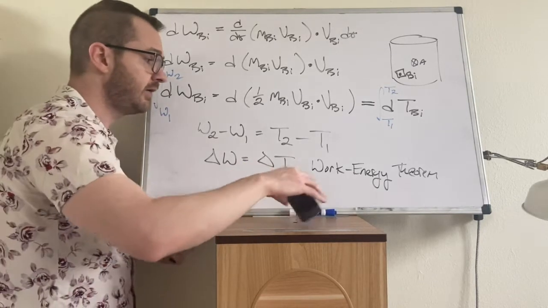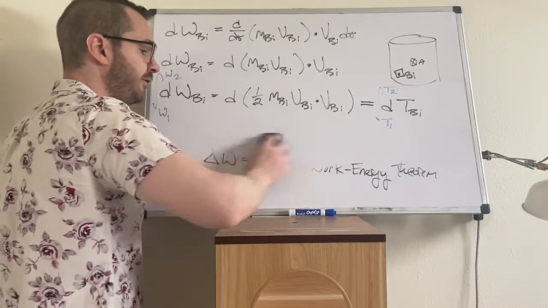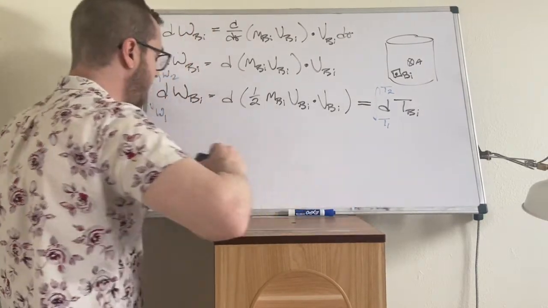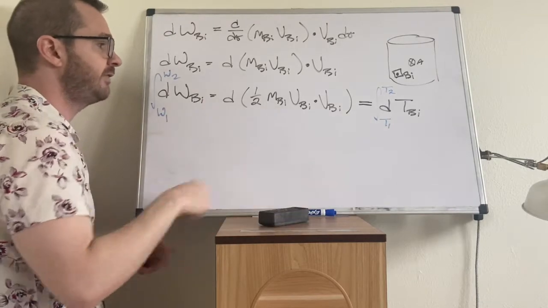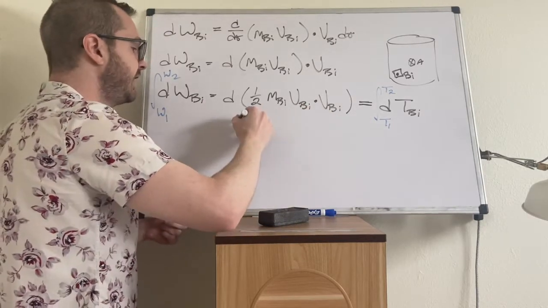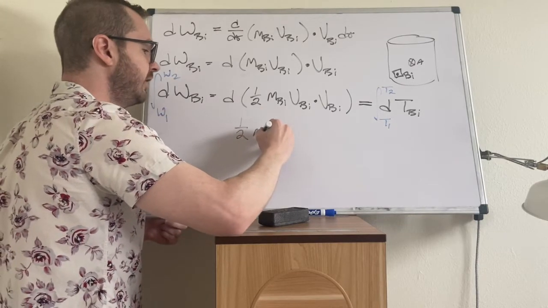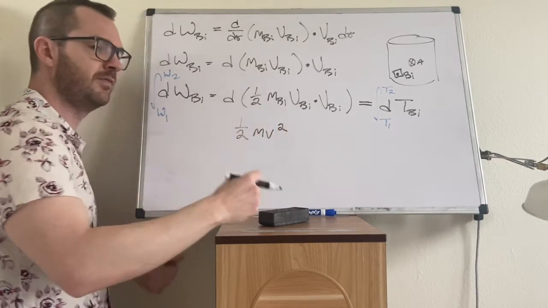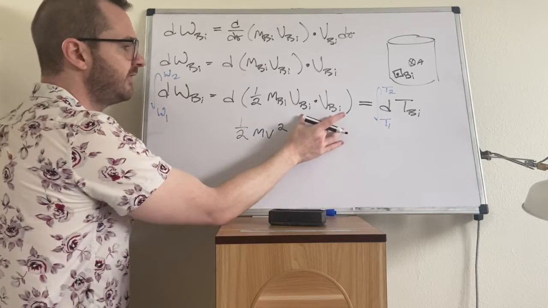So there is kinetic energy for a particle, 1/2, and notice that this is akin to what we talked about earlier, 1/2 mv squared, but notice that it's a dot product.